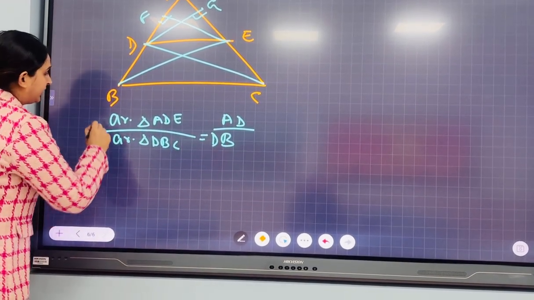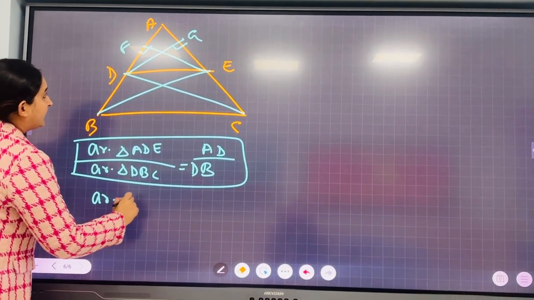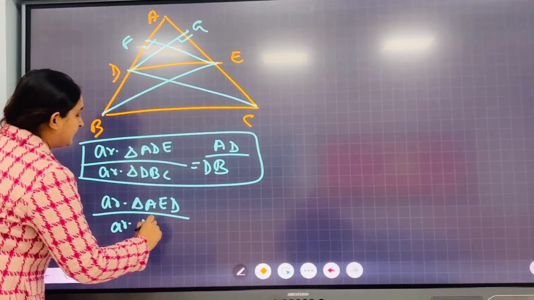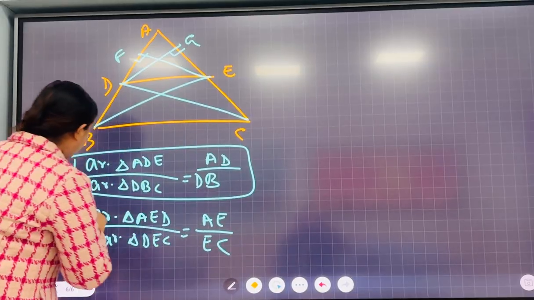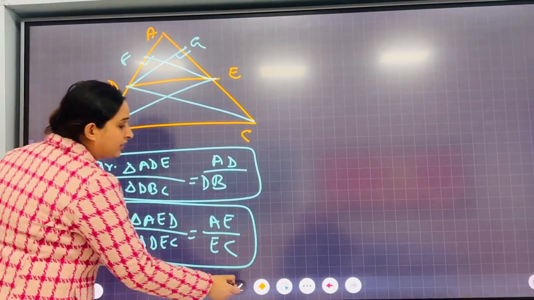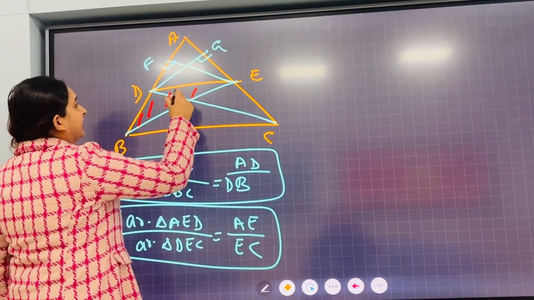That was one of the equations. Area of triangle AED upon area of triangle DEC is equal to AE upon EC. That was the second equation. And the third was triangles on the same base and between the same parallels are equal in area.